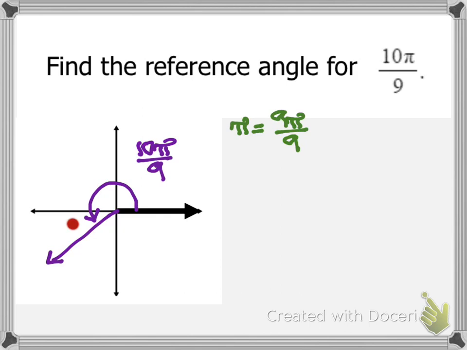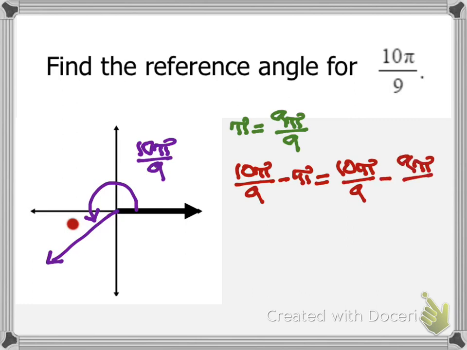So what we're looking for is the excess, what goes over pi. So we would be looking for our whole thing, 10 pi over 9, minus pi, which is 10 pi over 9 minus 9 pi over 9, which is pi over 9, would be my reference angle.